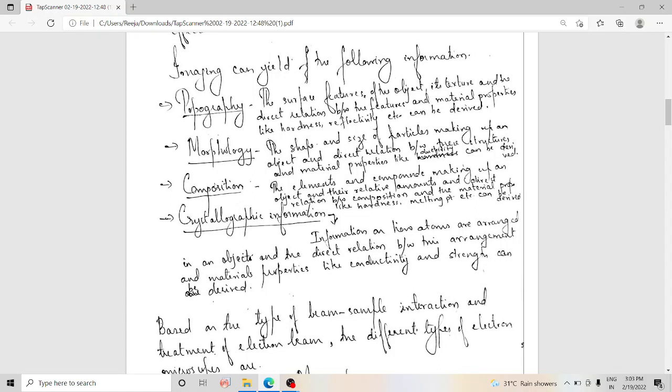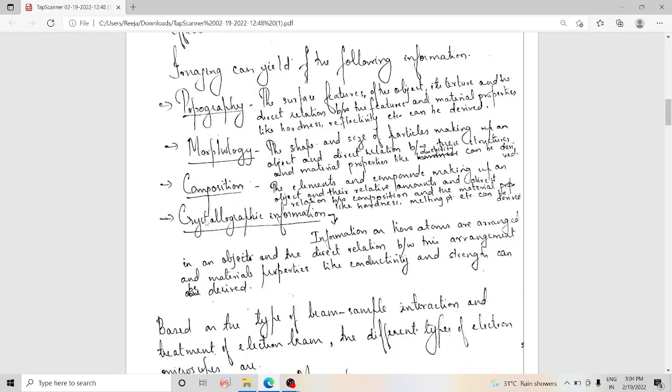If the electron microscope is used together with instruments like EDS, that is energy dispersive X-ray spectroscopy, then we can know about the composition of the elements present in the sample too.